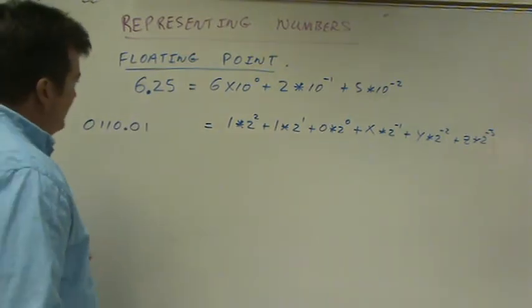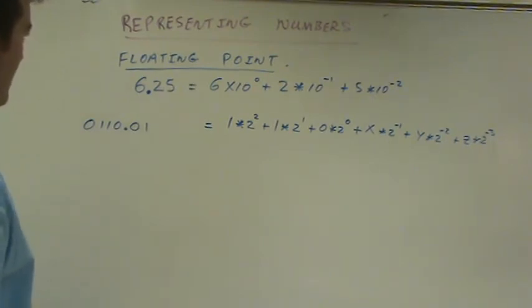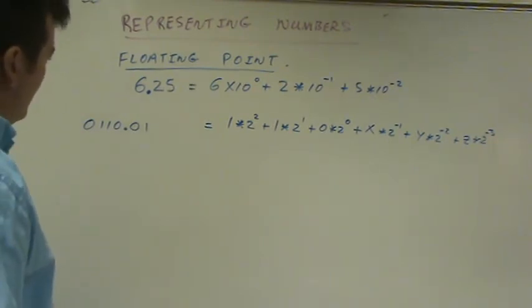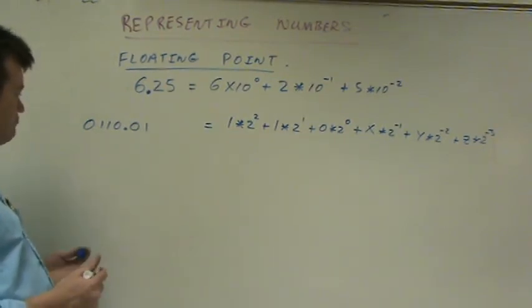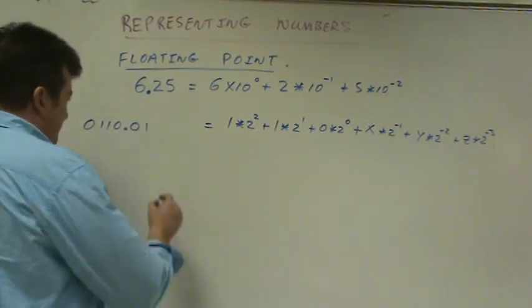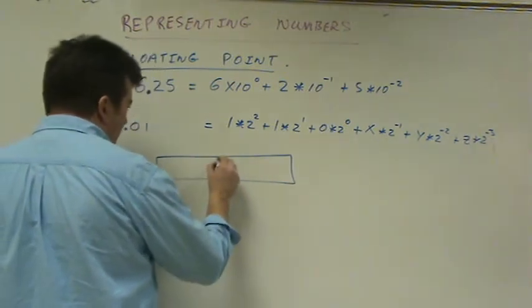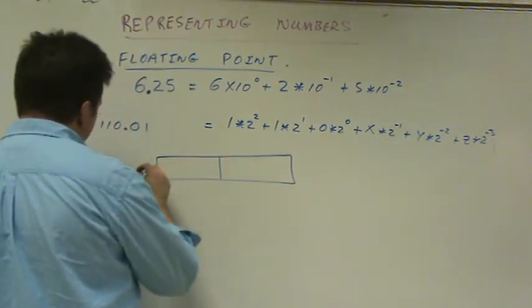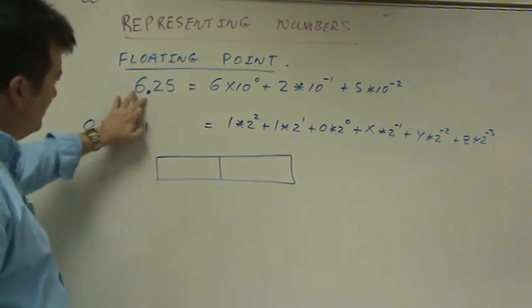Okay. Now, what if we wanted to represent this in computer memory? For floating point numbers, we could divide it up into 2 parts. What do you call the part above the decimal point?